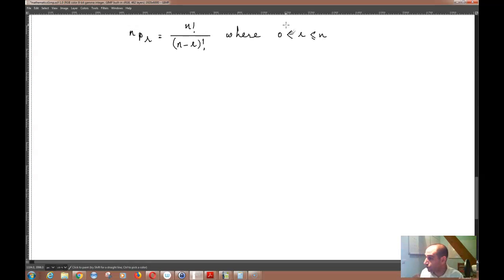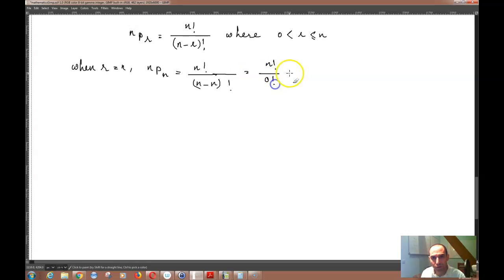Okay, so far so good, we have no problem. And when r is equal to n, we have n permutation n is equal to n factorial over n minus n factorial, which is equal to n factorial over 0 factorial, which is equal to n factorial over 1, which is equal to n factorial.